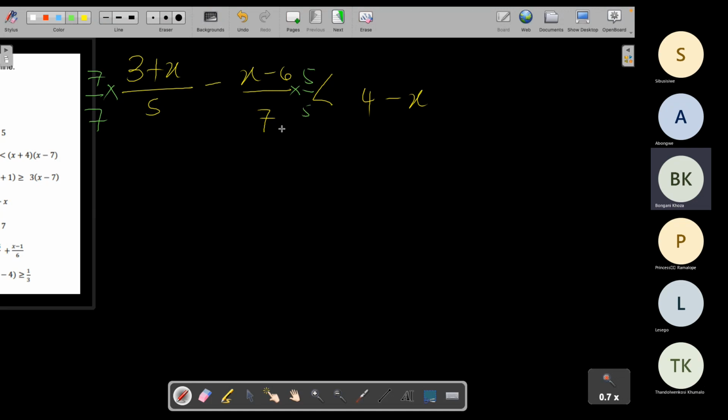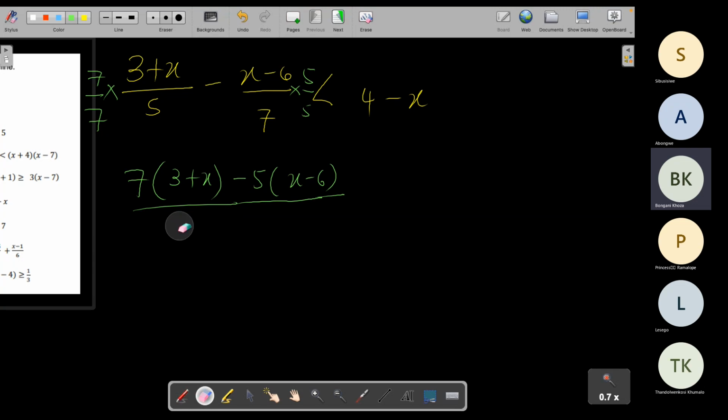So here we have 7 into (3 plus x) divided by, what's 7 times 5? 35. Right. And then this would be minus 5 times (x minus 6). So 7 times 5 is still 35, so we can keep it as just one denominator. That's our common denominator.